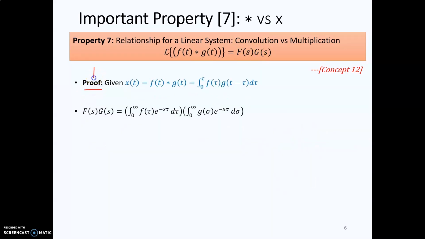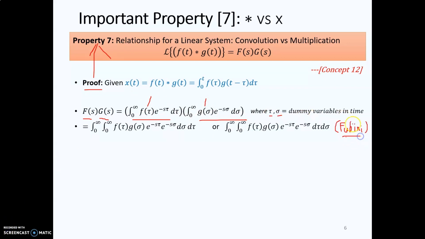Let's look at the proof for property 7. So we have F(s) multiplied with G(s). From the Laplace transform definition, we can obtain this, where you have the functions f(tau) and g(sigma), where tau and sigma are the dummy time variables.